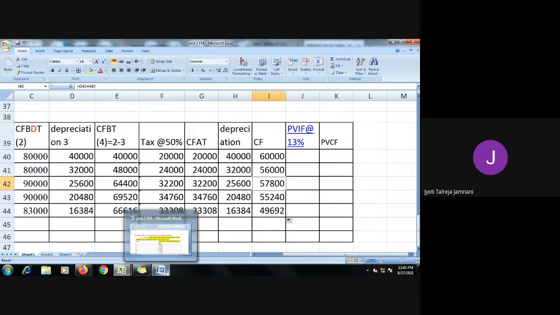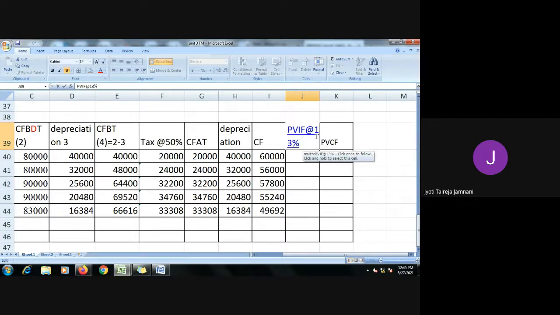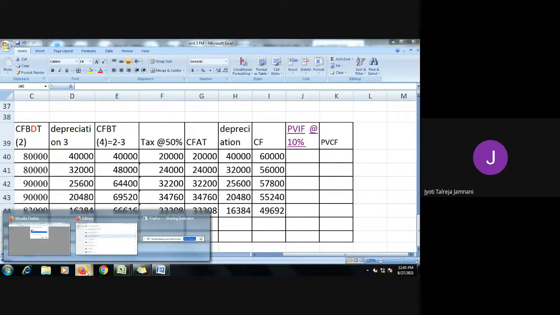So to find IRR, we always assume a particular rate. So we are assuming, so as to see present value interest factor. And as I had told you, we usually start with 10%. Okay, so at 10%, we will find the present value interest factor. So to see that, we'll go to the table values.